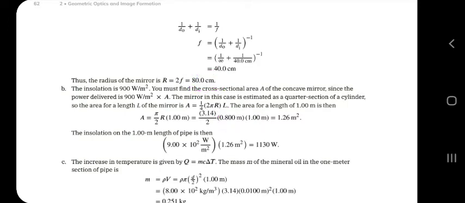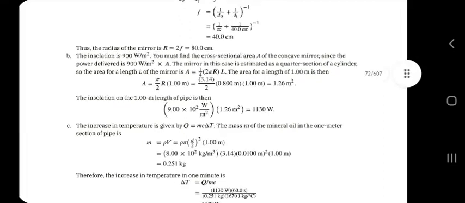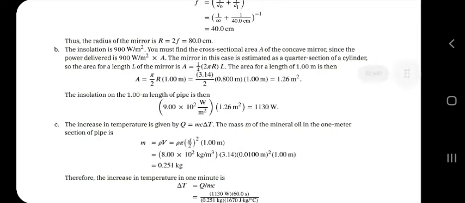So wala siya dayon times dayon sa 1 meter kani diri hangtod diri, so in which equals to 1.26 meters squared. So next, the insulation of the 1 meter length of pipe is then 9 times 10 squared watts over meter squared times 1.26 meter squared.